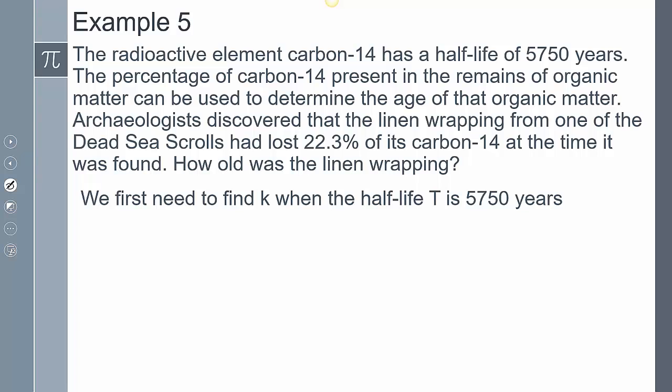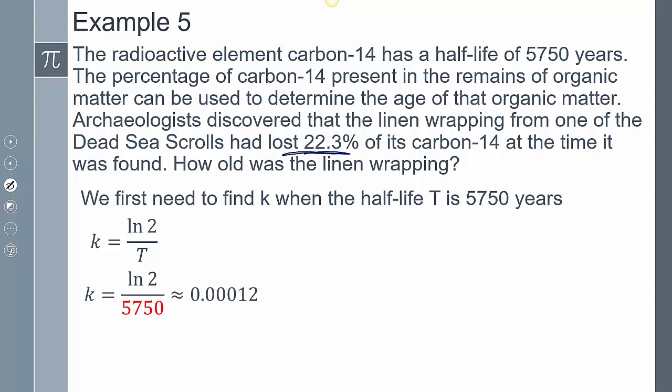We first need to find k, when the half-life T is going to be 5,750 years. Because the information it gave us was a percentage of how much is lost, but first I need to know at what rate this is actually going to disappear, and so that's why I'm going to use this equation.